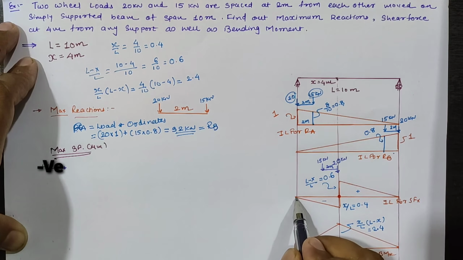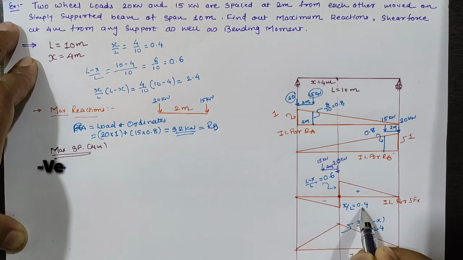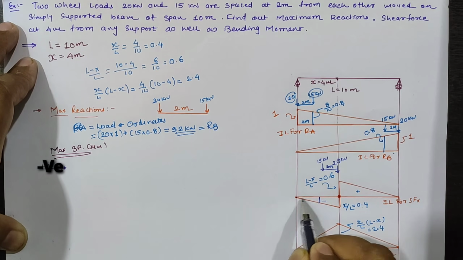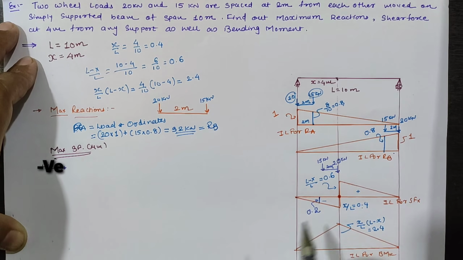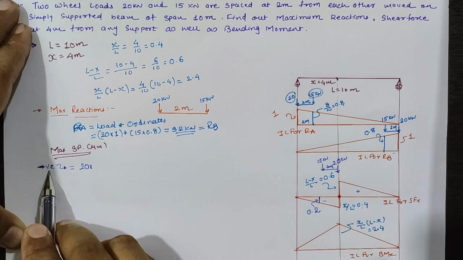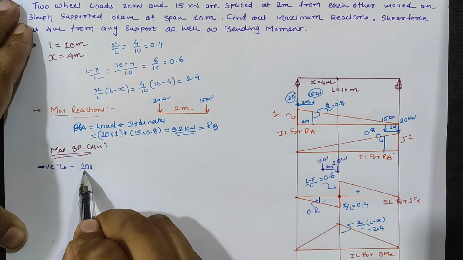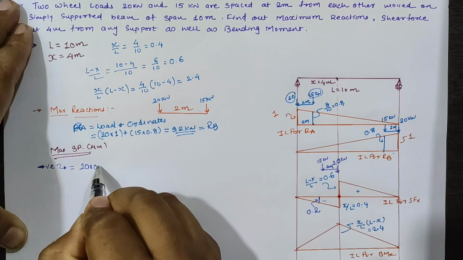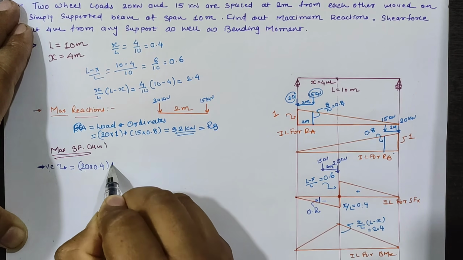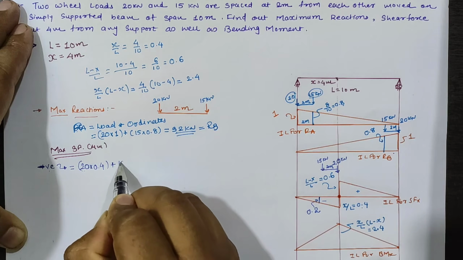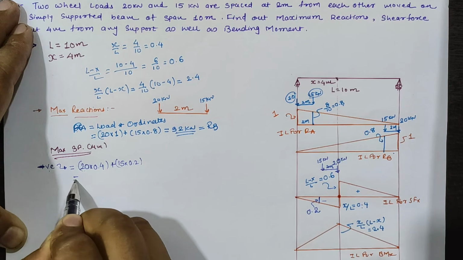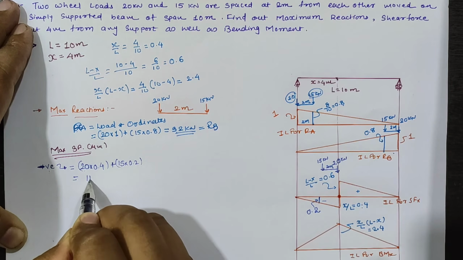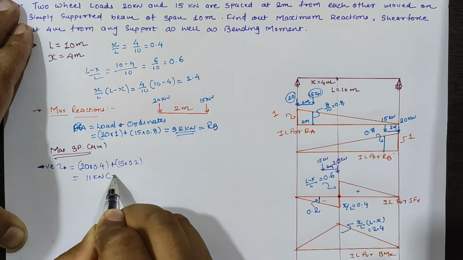From the diagram, at the 4 meter span the value is 0.4, hence at 2 meter the value is 0.2. Hence the maximum negative shear force is 20 into 0.4 plus 15 into 0.2, which is 11 kilonewton, negative.